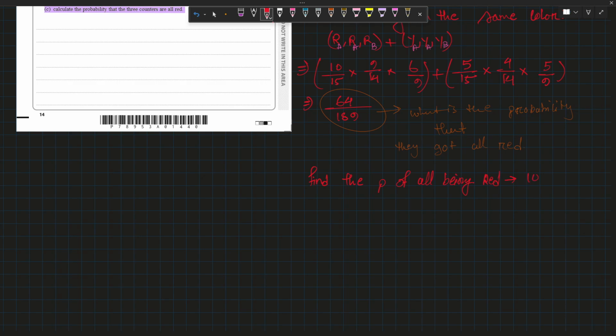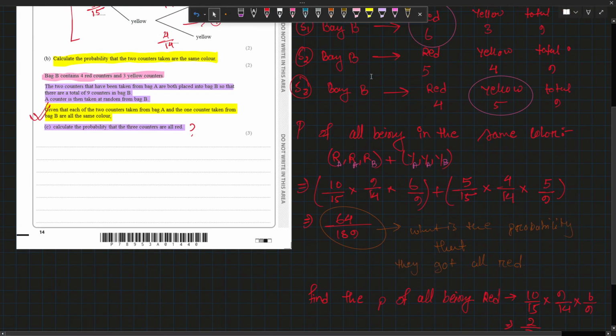That is 10 by 15 times 9 by 14 times 6 by 9, which is 2 by 7. All right, you found the probability of all being red, but the question was, what is the probability that they got all red from this possibility right here?